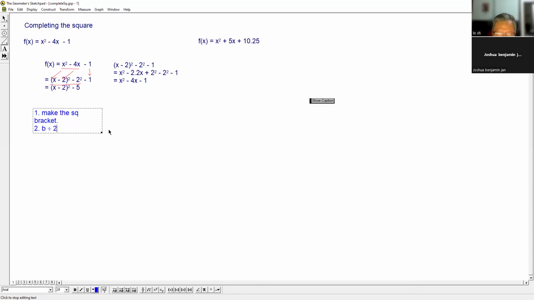Okay, then you put them inside the bracket, the square bracket. Then step number 3, you have to minus this number square. What is this number? This number is actually b over 2. You must minus the b over 2 square.